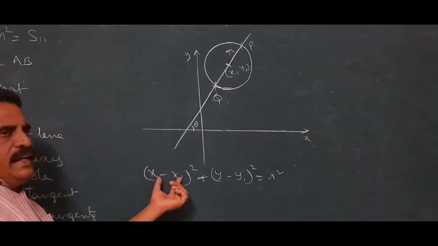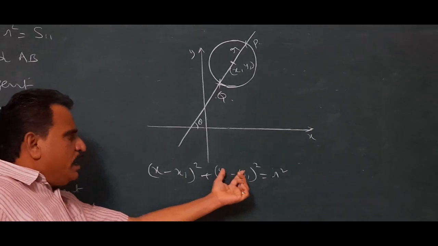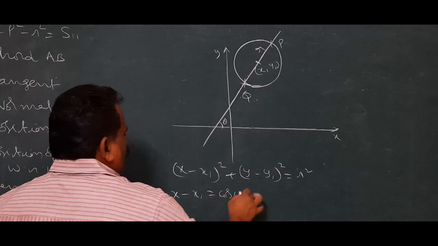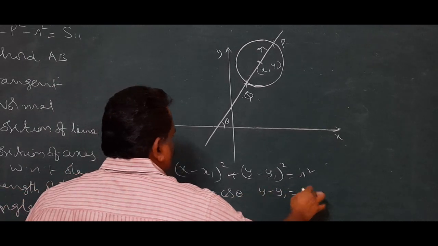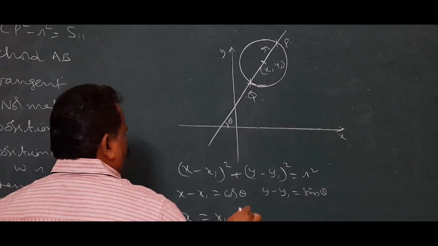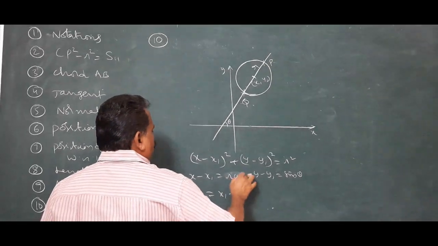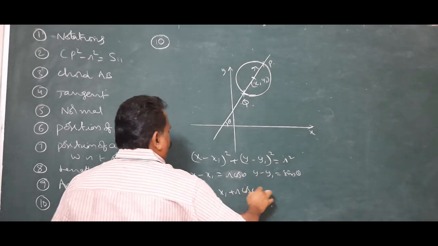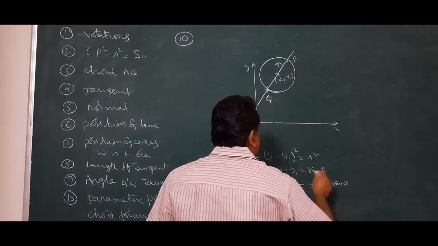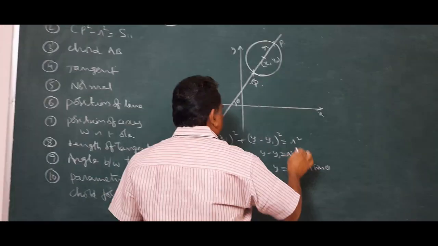Taking x minus x1 as r cos theta and y minus y1 as r sin theta, we get x equals x1 plus r cos theta, and y equals y1 plus r sin theta.